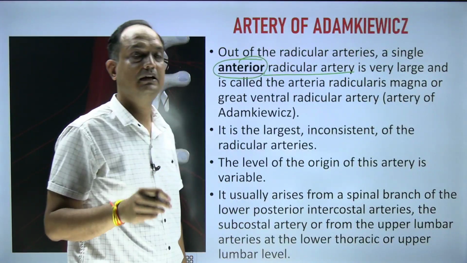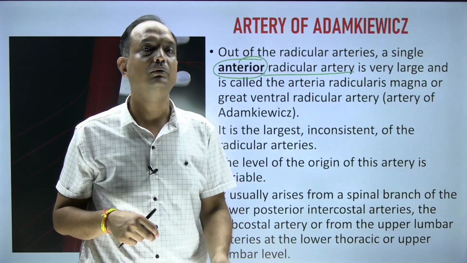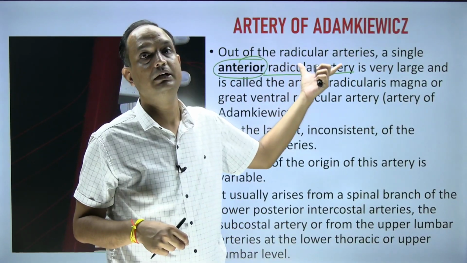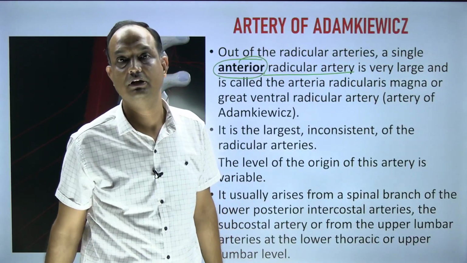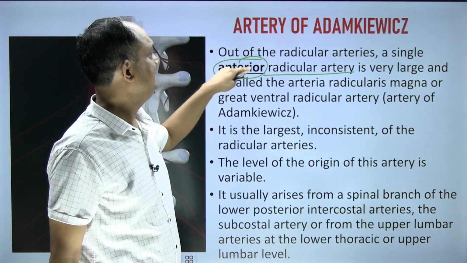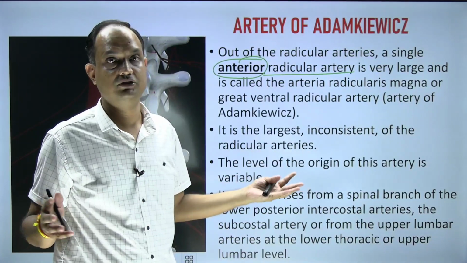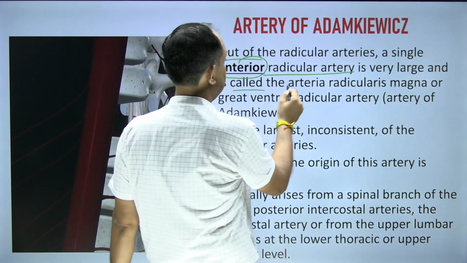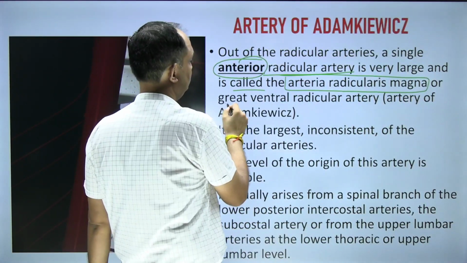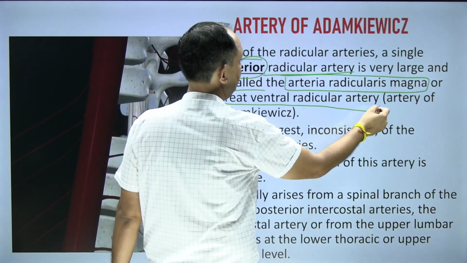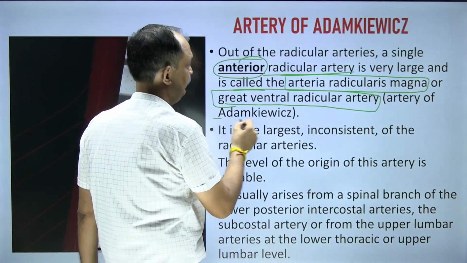We have seen that the radicular artery divides into anterior and posterior divisions, but a large radicular artery is always the anterior branch, not the posterior. This is called arteria radicularis magna, also known as the great ventral radicular artery, or the artery of Adamkiewicz.